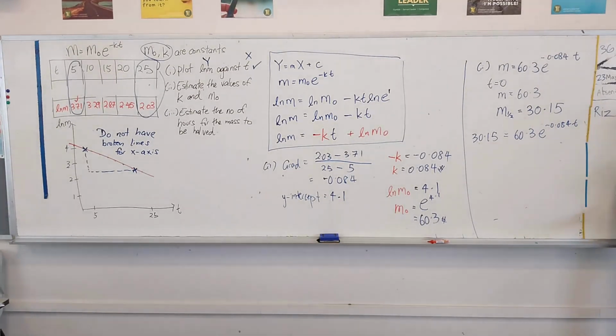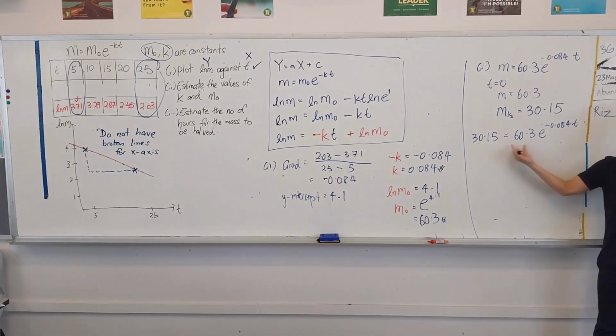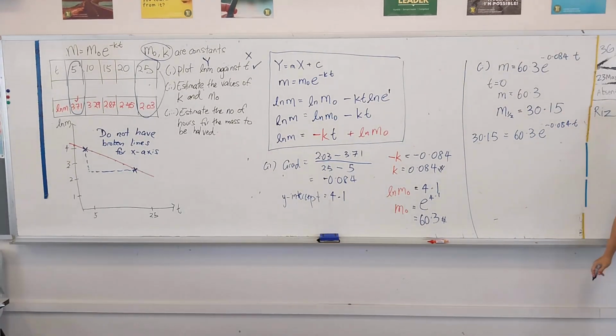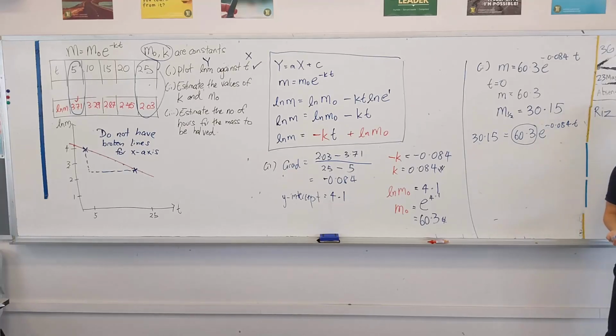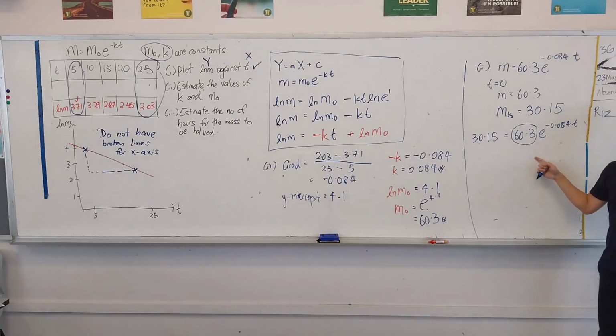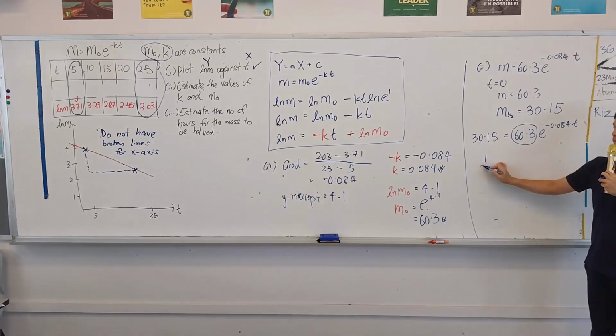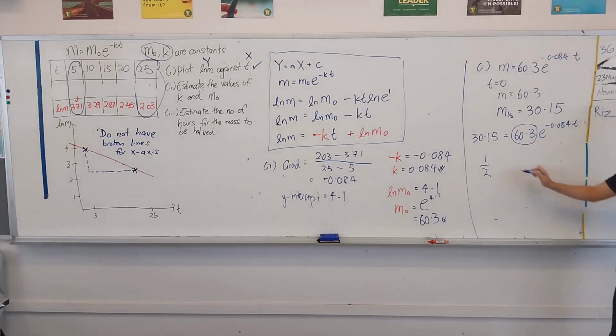Then you say, yeah, I should have done that. If I bring this over, what do you think I will get? Yeah, I bring this value over, I get half. 30.15 divided by 60.3, I get half. So if my mass is half, I'll get this.